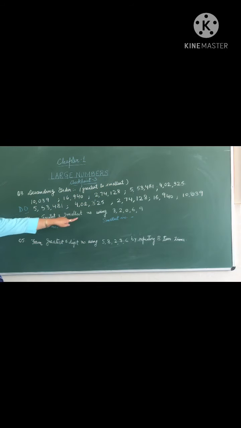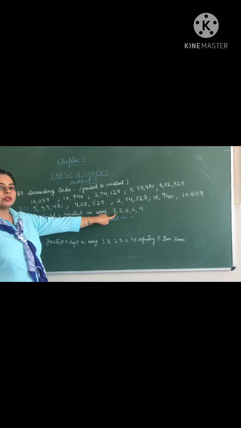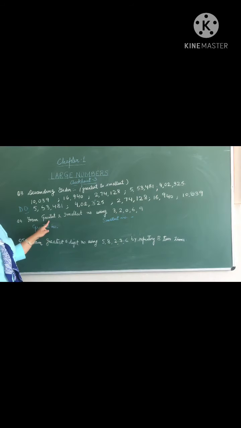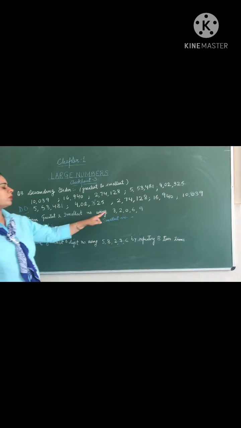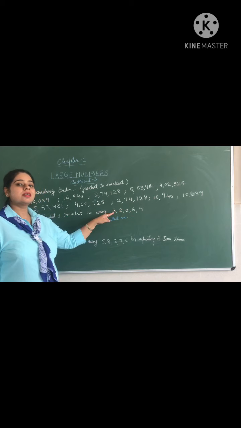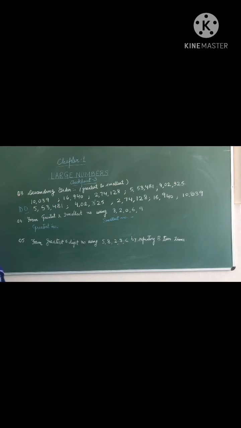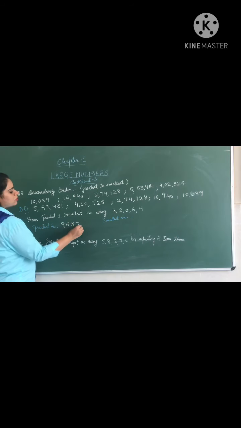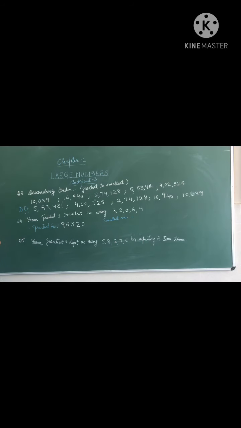You have been given some digits. इन digits का use करके आपने smallest और greatest number बनाना है. Children, greatest number बनाने के लिए you have to arrange these digits in descending order. सबसे बड़ा digit इसमें से क्या है? It is 9, then 6, then 3, then 2, then 0.